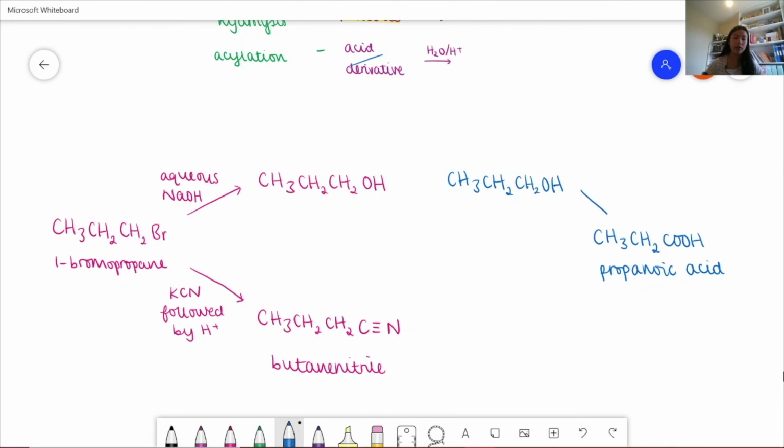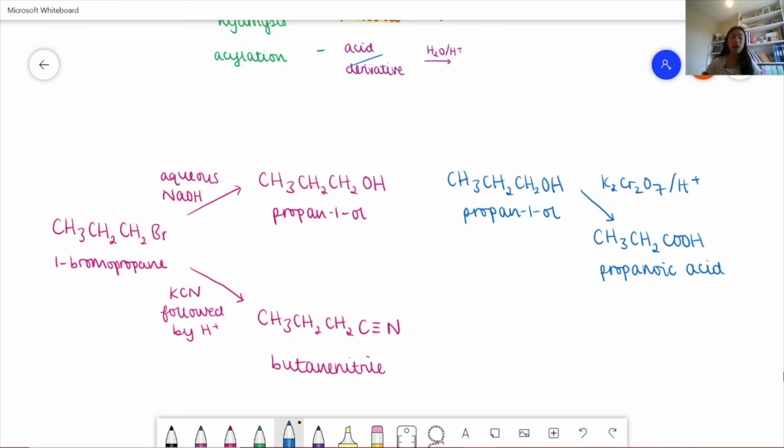So this would be our first one. And how we would produce propanoic acid from propan-1-ol, we actually need to label this one as well, is that we would add potassium dichromate with a H+ catalyst because we're oxidizing it. So that would also be reflux.